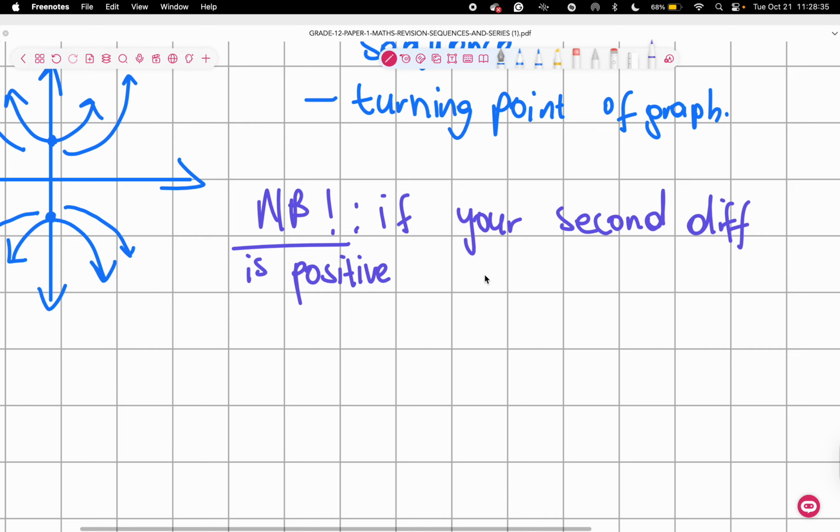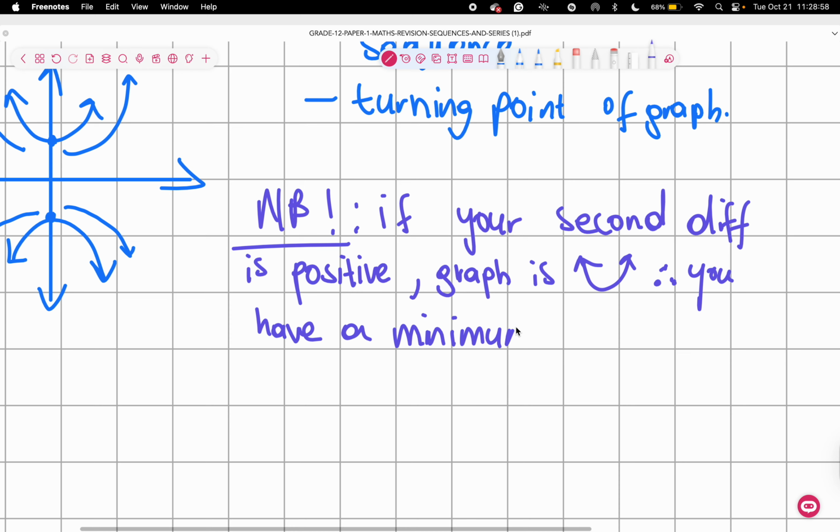If your second difference is positive, that means your graph is concave up, right? So that means, therefore, you have a minimum value or the least value.